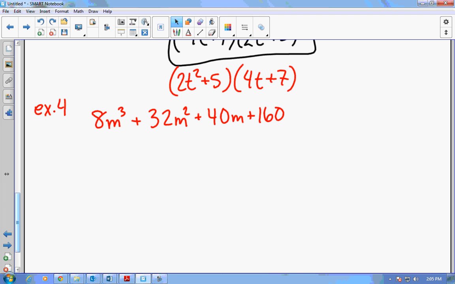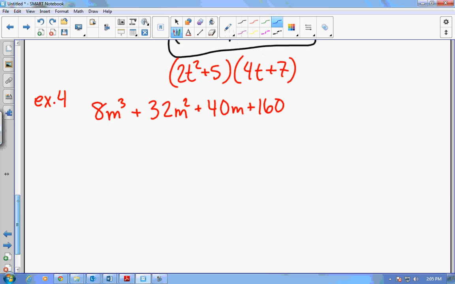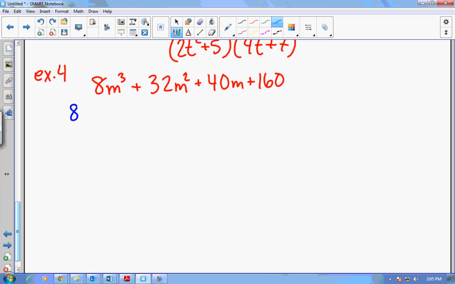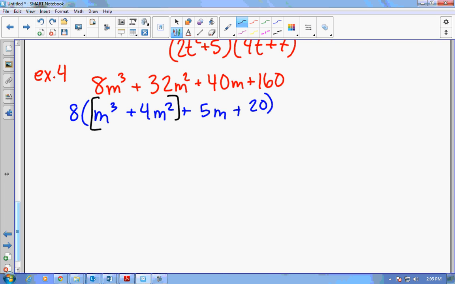Okay, let me just go through this really quick so everyone can see. At the beginning, we had an 8. If we pull out an 8, we're left with m cubed plus 4m squared plus 5m plus 20. Is that right? Okay, then I group. First group, what do they have in common? m squared. Don't forget, though, that you have the 8 on the outside. m squared leaves you with m plus 4.